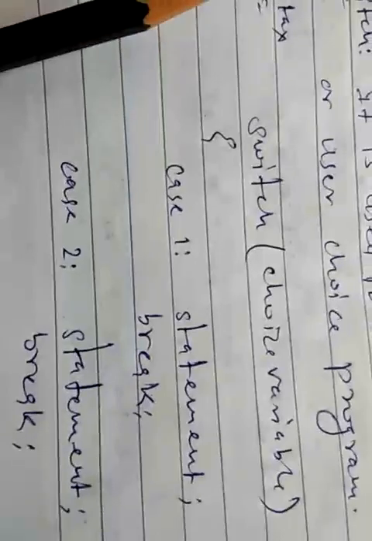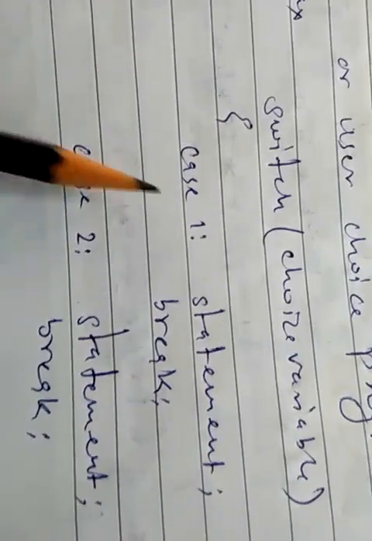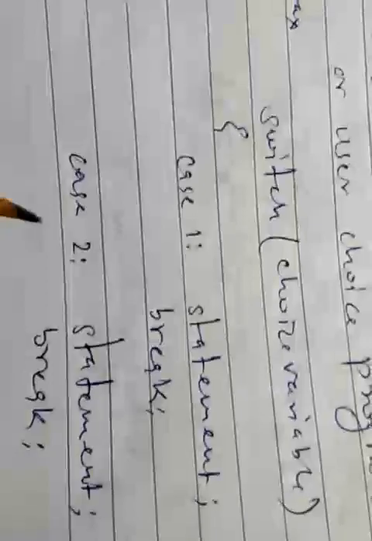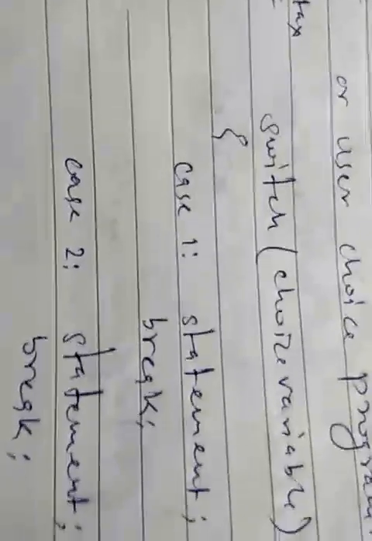So the basic syntax of switch is: switch, choice variable, and there will be cases: case 1, statement and break; case 2, statement and break; and we have to make the number of cases according to the requirement of the question.